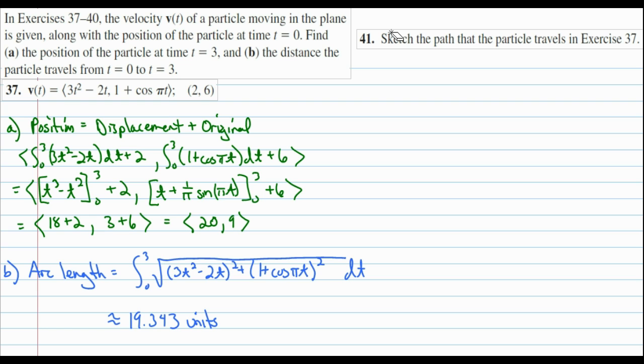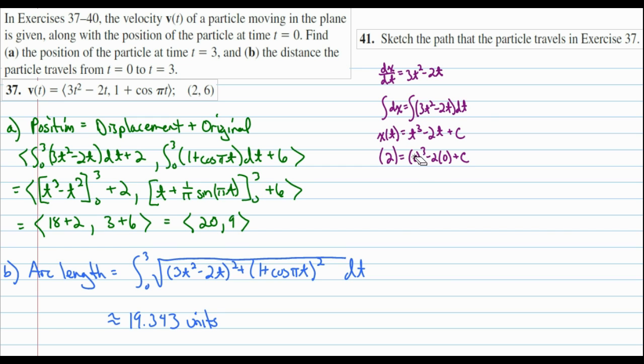That's what number 41 is asking us: sketch the path that the particle travels in exercise 37. To find that path, first we have to find the expression for the path. So we're going to take the antiderivative of the horizontal velocity. To solve for that constant, I'm going to plug in t equals 0 and the initial horizontal position, and I get c equals 2.